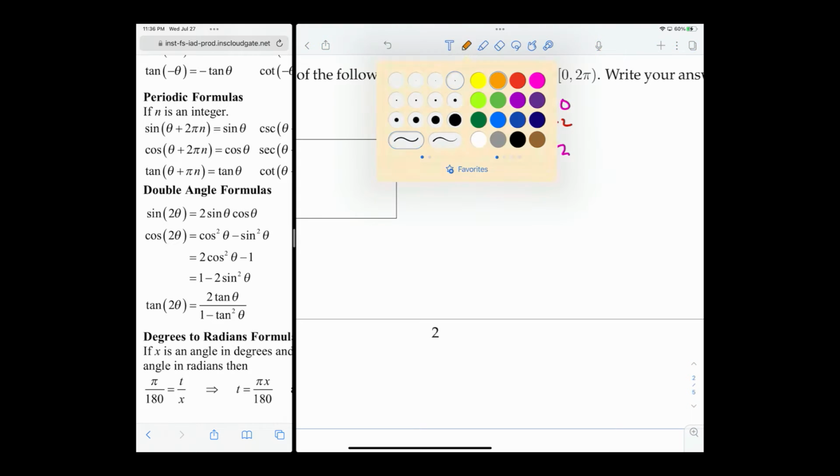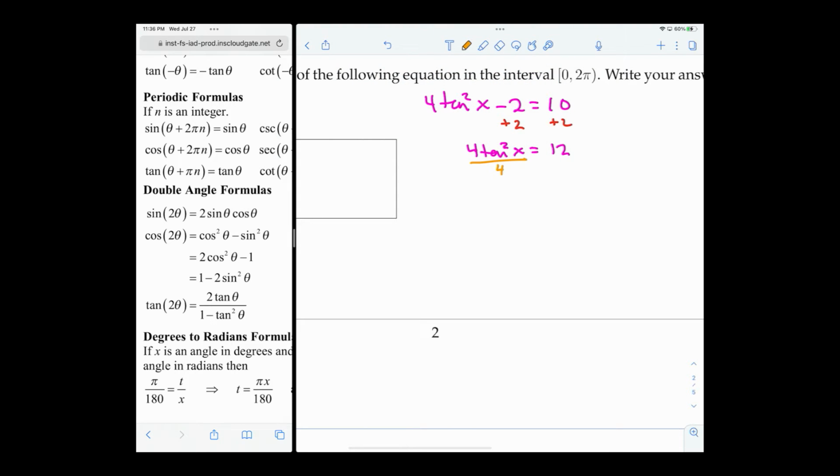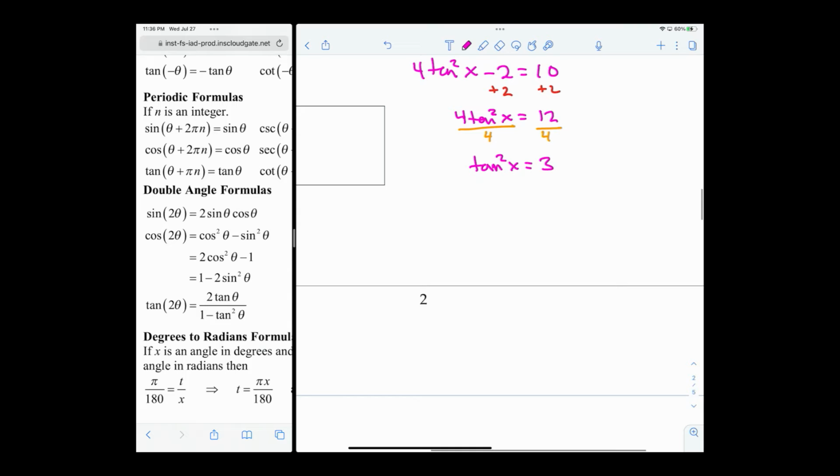Divide by 4. You get tan squared x equals 3. You square root. So we add a square root here, add a square root here.